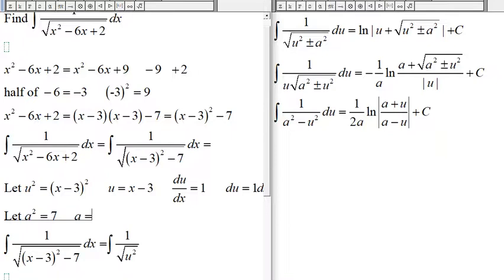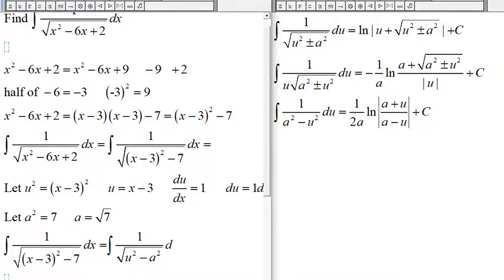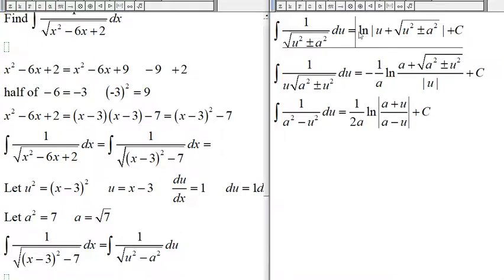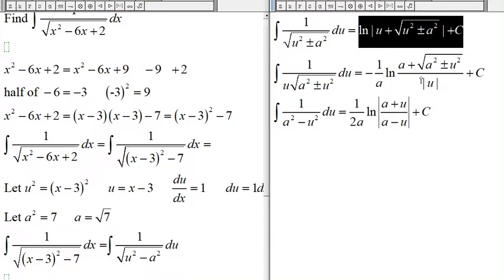We get a to be the square root of 7. And so 7 here, this will be minus a squared, and then du, which is dx, is just du. And now our formula looks just exactly like this. And so this integral will become this.